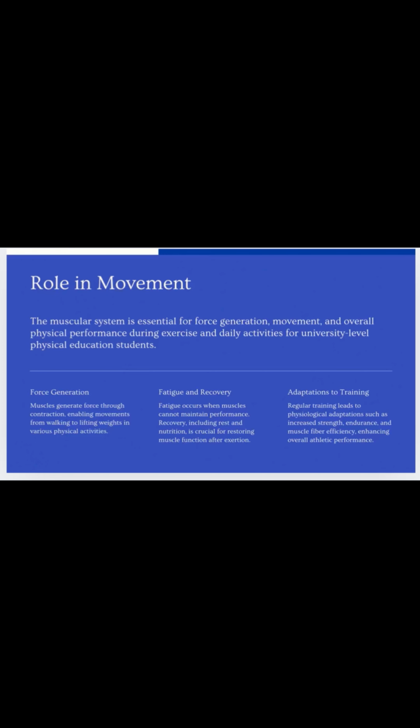Here, three main functions are highlighted for your reference. Number one, force generation. Number two, fatigue and recovery. And number three, adaptations to training. So these are the three important ones.